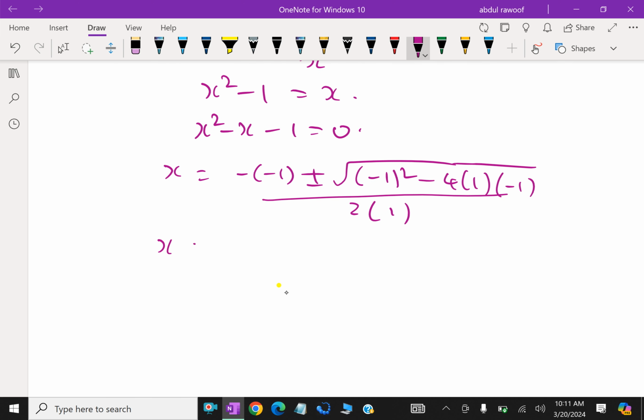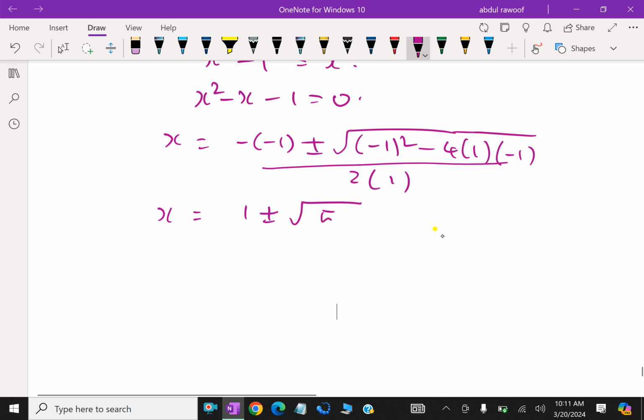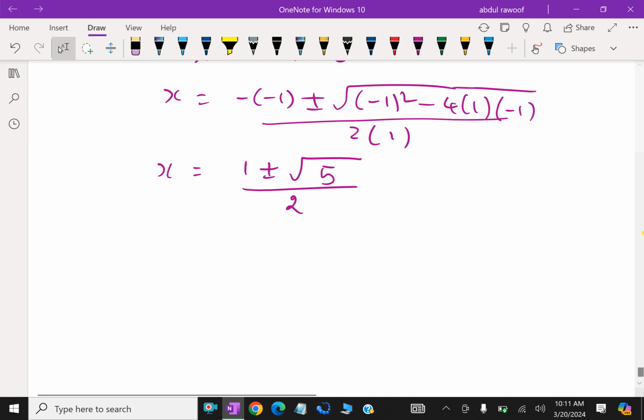So for the simplification, minus of minus 1 is plus 1, plus or minus root 1 square is 1, minus 4 into 1 into minus 1 is plus 4, 4 plus 1 is 5, by 2. So x has two values, 1 plus root 5 over 2 and 1 minus root 5 over 2. Here 1 plus root 5 by 2 is the golden ratio.